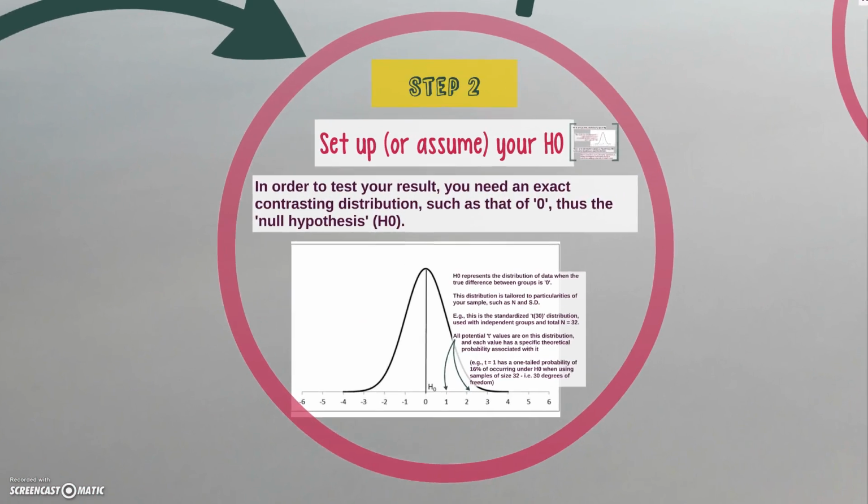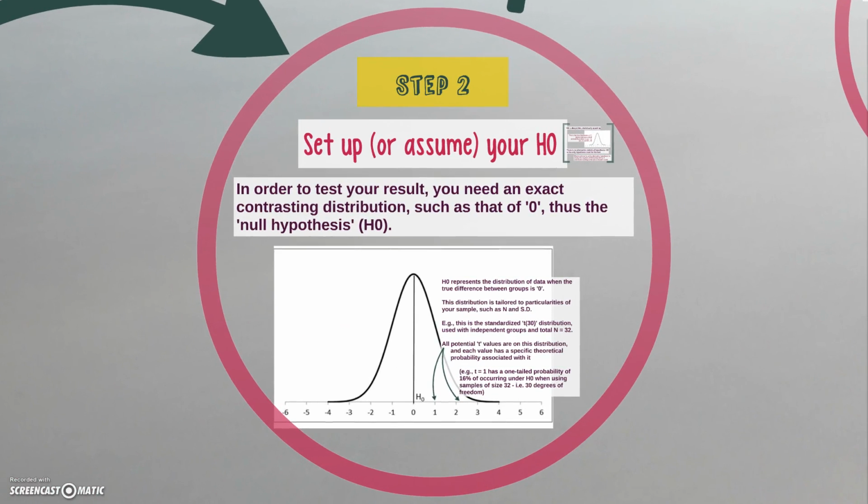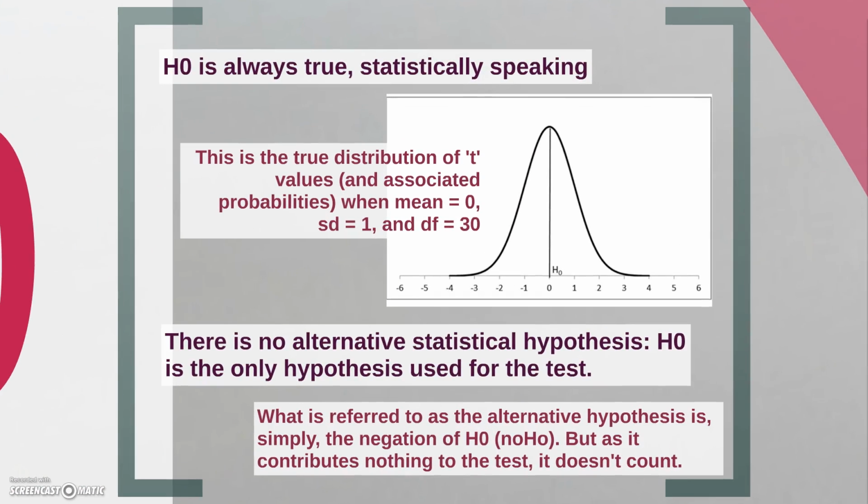Now, the second step of the test was to set, or mostly assume, the null hypothesis. The implication of this is that, statistically speaking, the null hypothesis is always true.